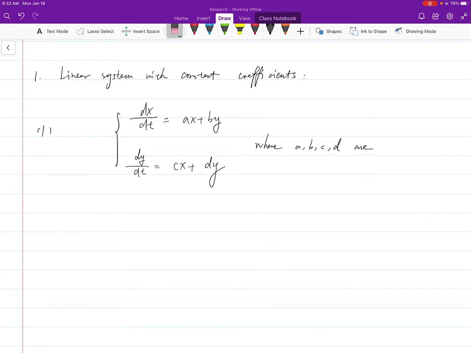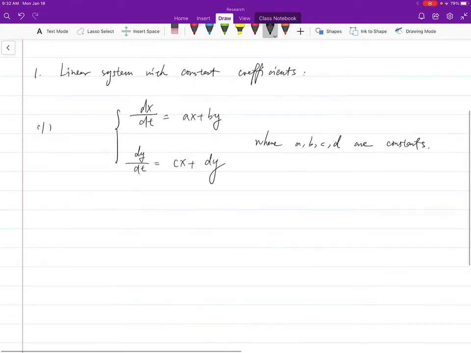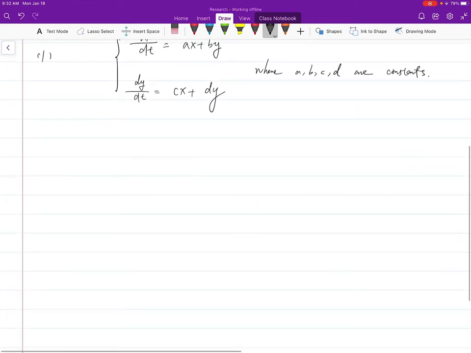So when we say linear system, usually we refer to linear systems with constant coefficients. Okay, that means this is a linear system, basically because we have a hidden 0x here, but if we only see once for y, it's still linear.